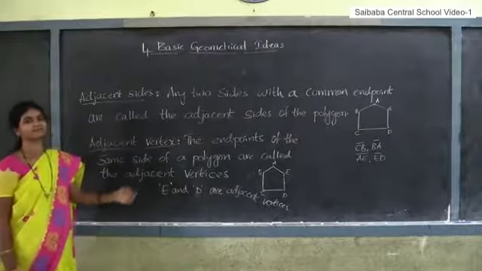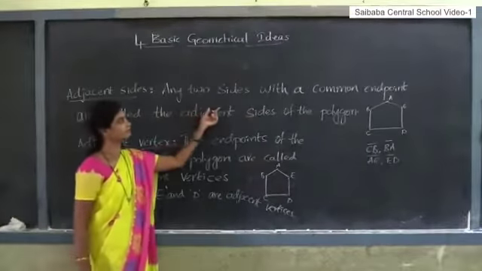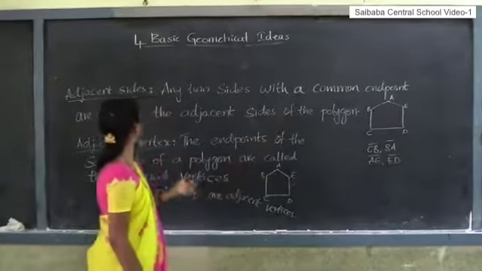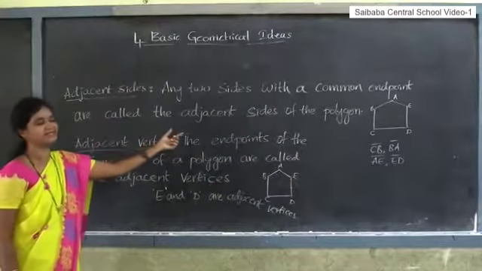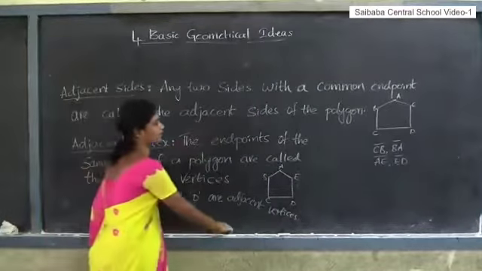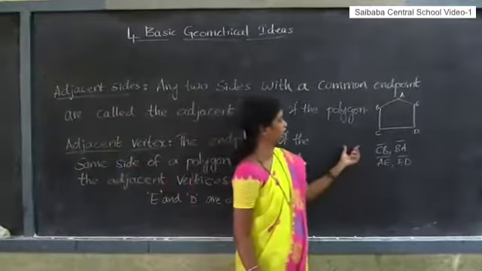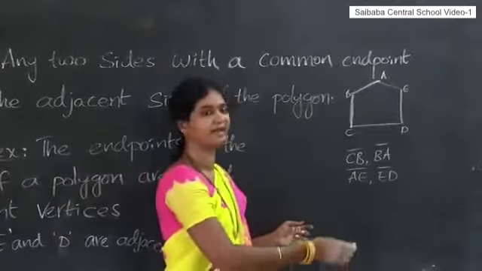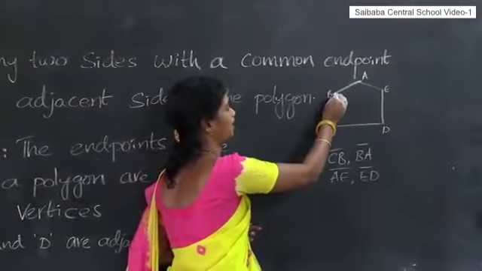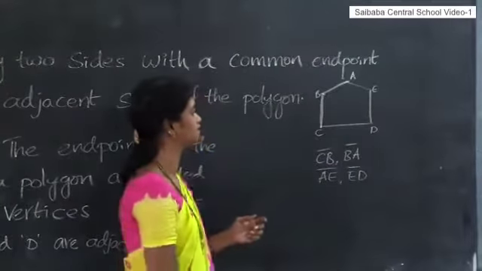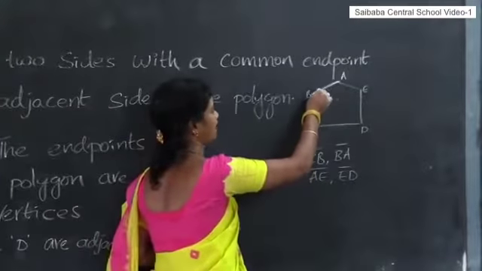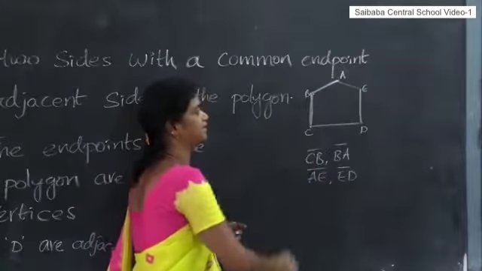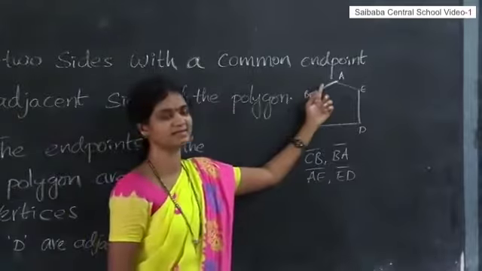Adjacent sides. Any 2 sides with a common endpoint are called the adjacent sides of the polygon. If you take CB and AB, they have the common endpoint B, so we call AB and BC adjacent sides.